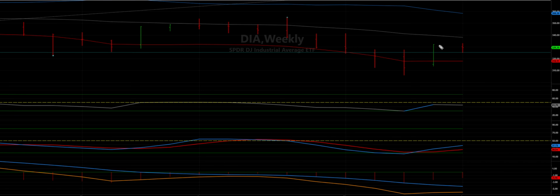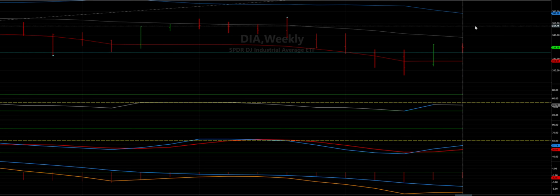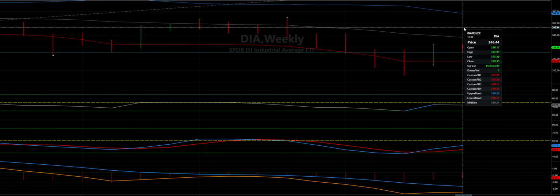The spread between the pivot point and the low of last week is a lot tighter now. If you notice here, the low of last week was 325.36 for the DIA.